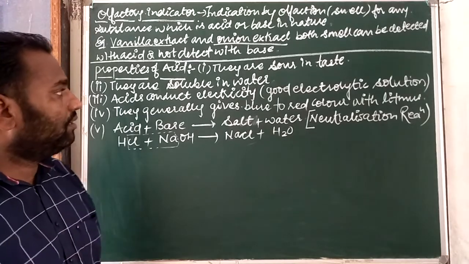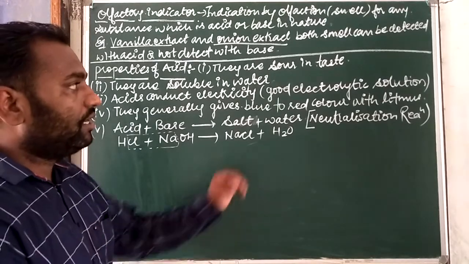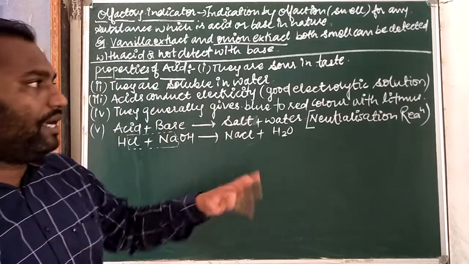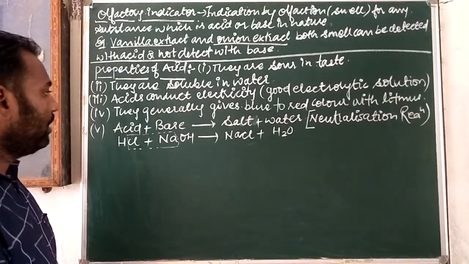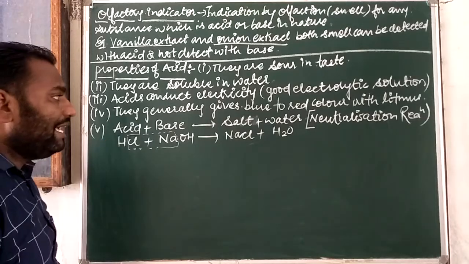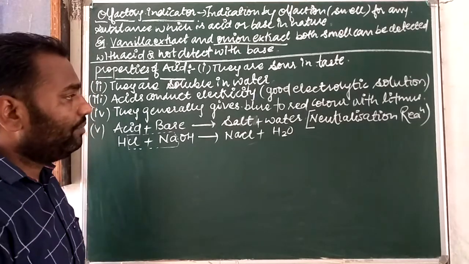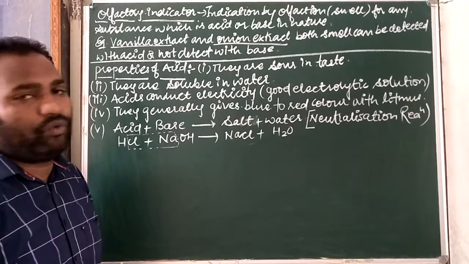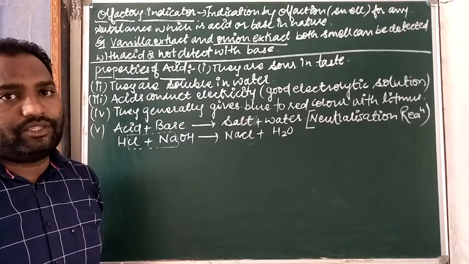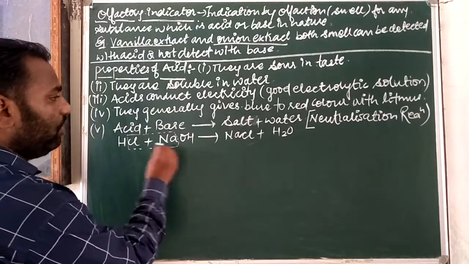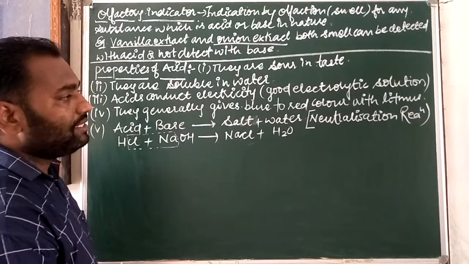Mostly dilute acids conduct electricity because they are a good electrolytic solution. They generally give blue to red color with litmus. And when acid reacts with base, salt and water are formed. This is known as a neutralization reaction. HCl plus NaOH means formation of salt, NaCl plus H2O.